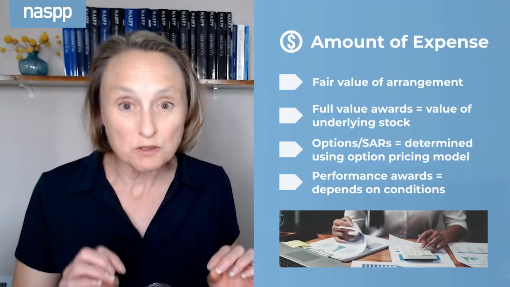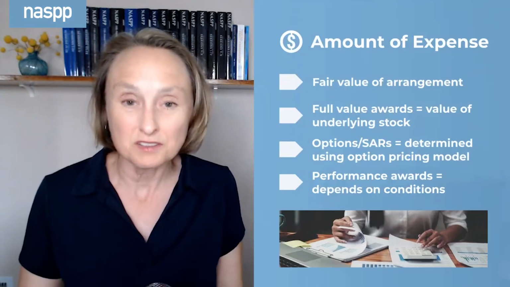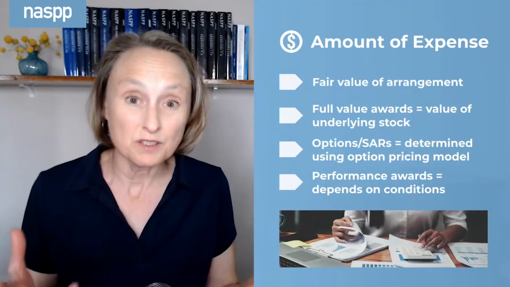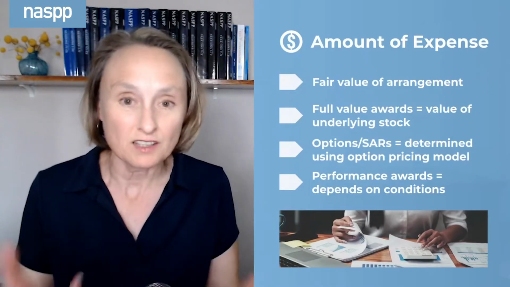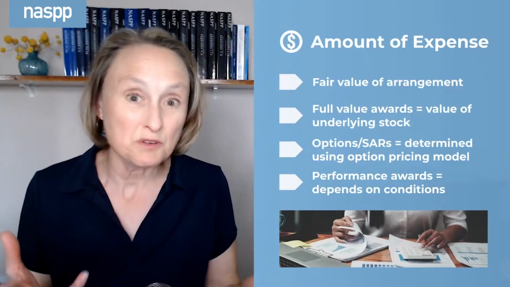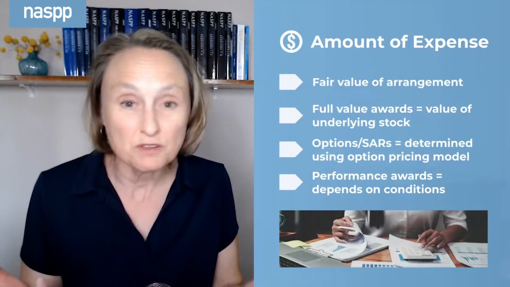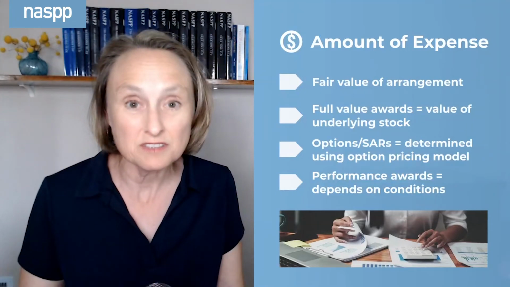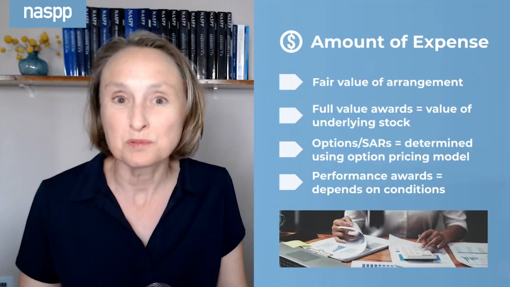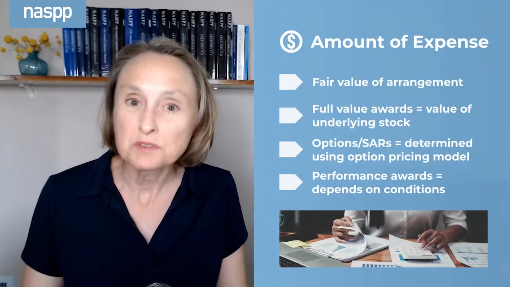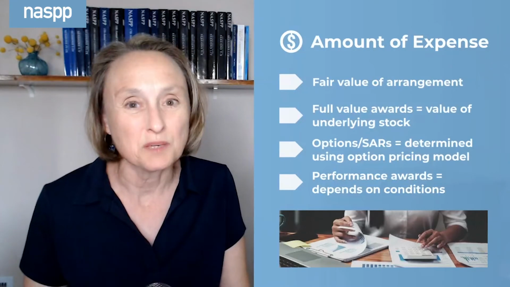For full value awards like restricted stock and units, the expense is pretty easy to determine because those arrangements provide stock to employees. So the fair value of the arrangement is just the value of the stock that employees will receive under it. For an arrangement like a stock option or a stock appreciation right, the fair value is a little bit trickier to determine.